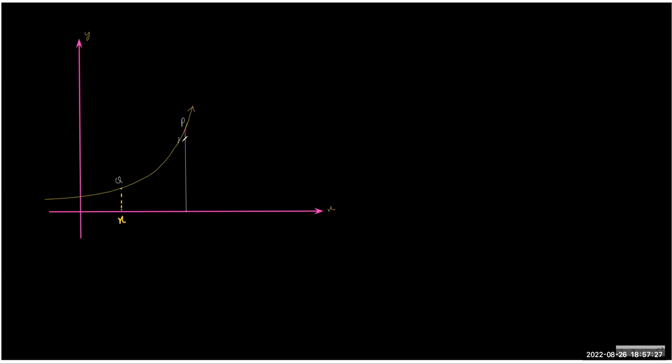So as the P starts approaching, following this path and trying to come closer to the Q, the next slope between the Q and the new location will be, so this is the old slope. This is the secant when the 2 points are quite far away. The new secant will be like this.